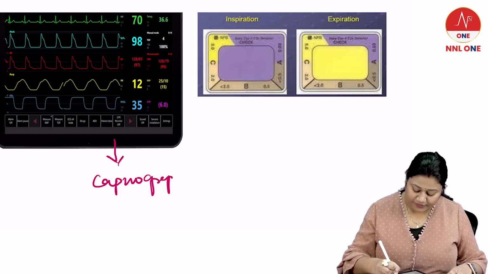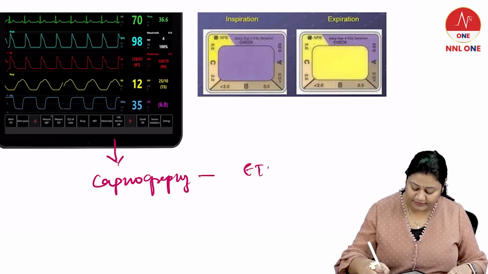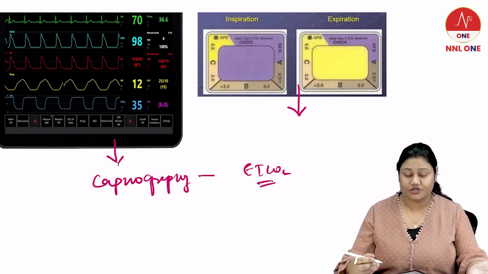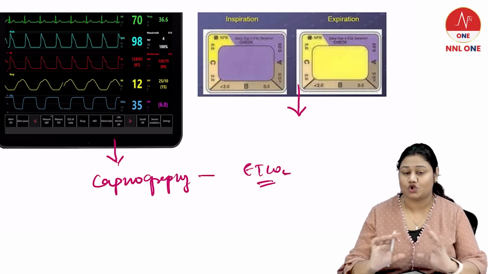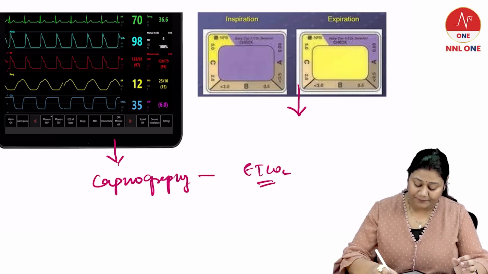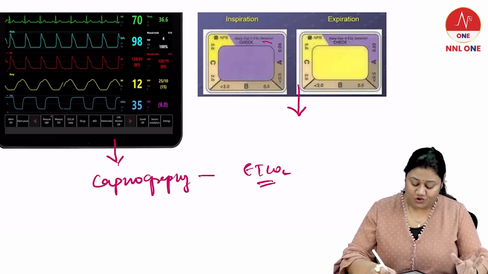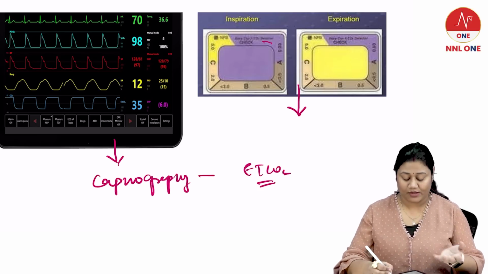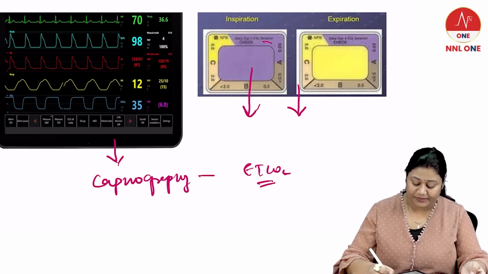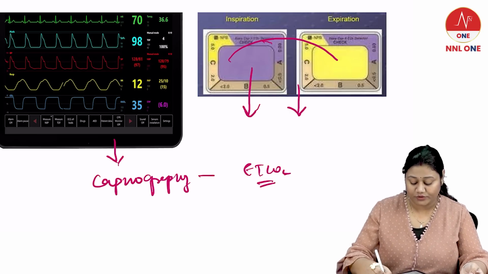In capnography, what we will assess? End-tidal carbon dioxide. We do have one more method, which is colorimeter. What is this colorimeter? It is not a reliable method, the least reliable method, where we have a pH paper in our device. When the patient exhales, the carbon dioxide passes through this device, so this purple color pH paper will turn into yellow color.